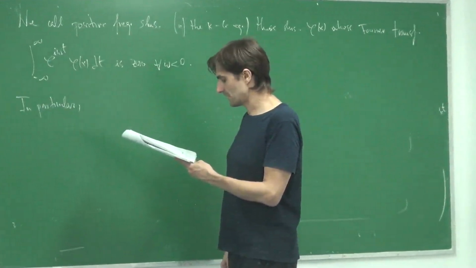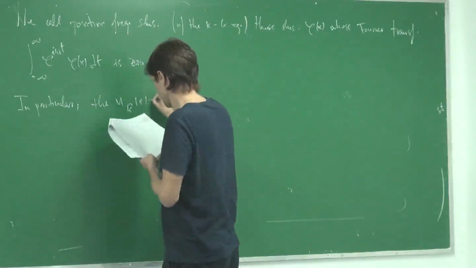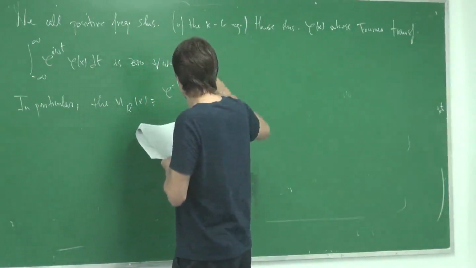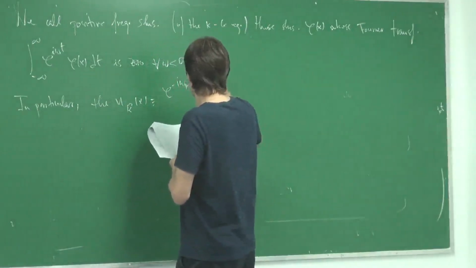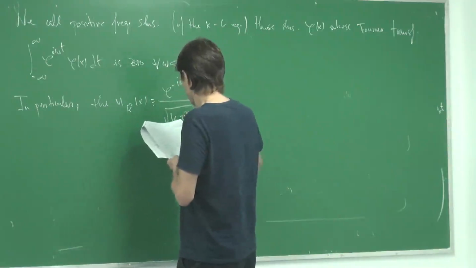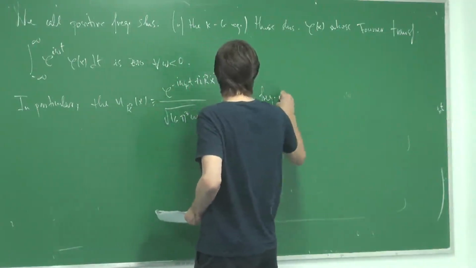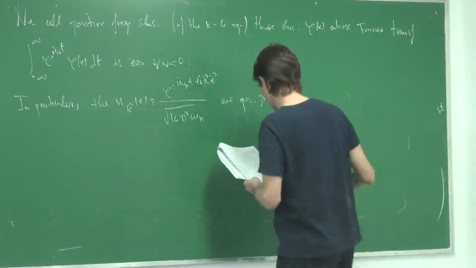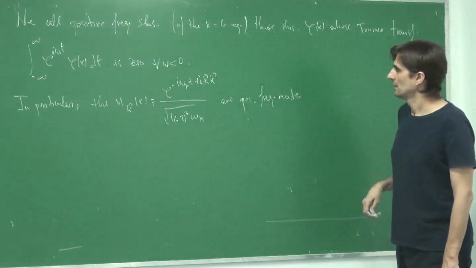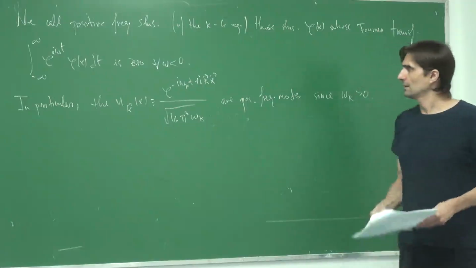So in particular, the u_k that we defined are positive frequency modes, since omega_k is positive.